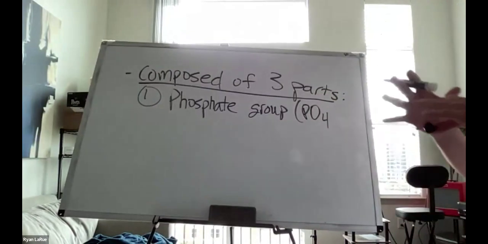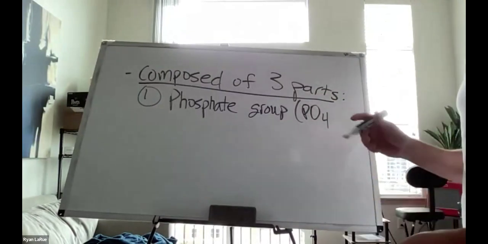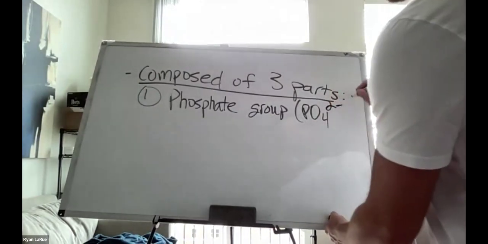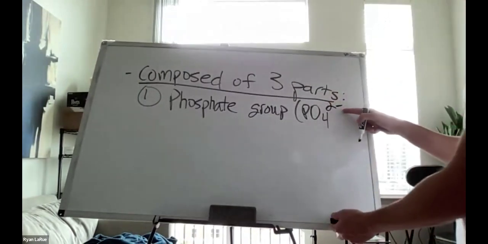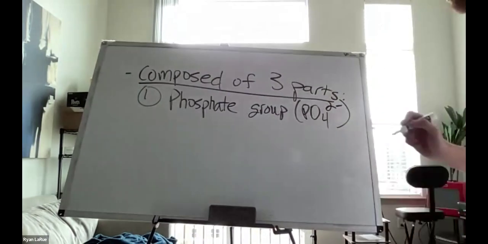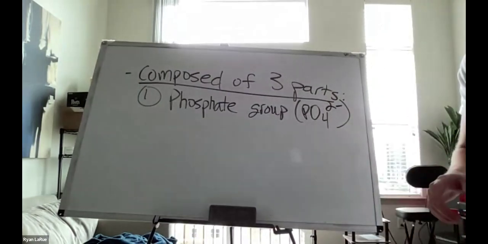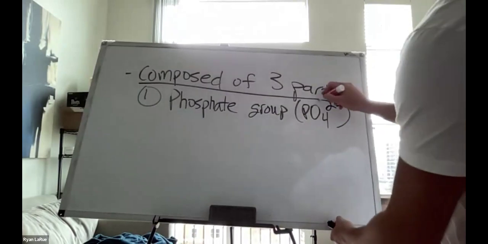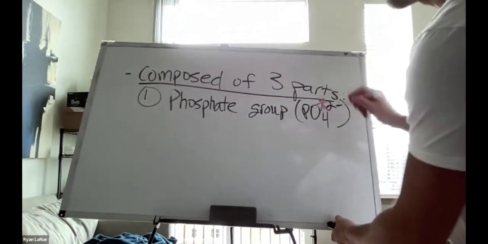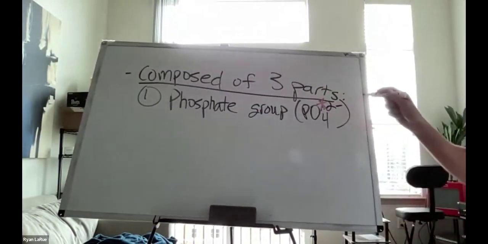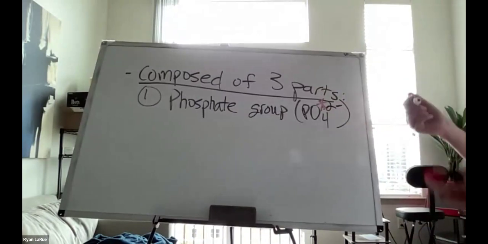And it always is going to have a negative charge, in some cases, a 2 minus charge. And so let's keep that in mind, that our phosphates are always negative.